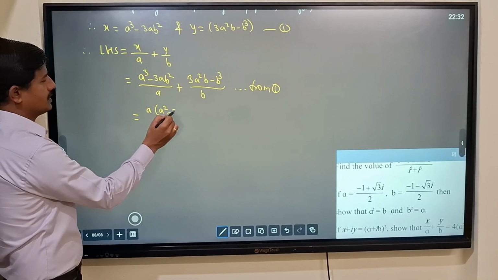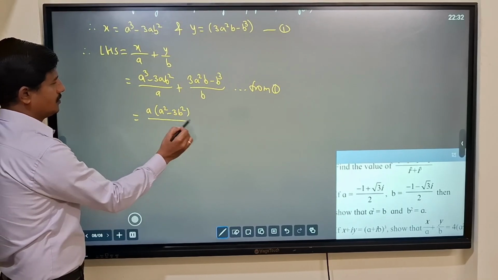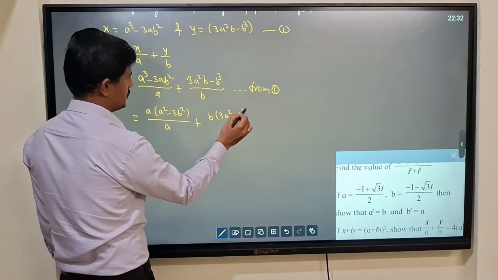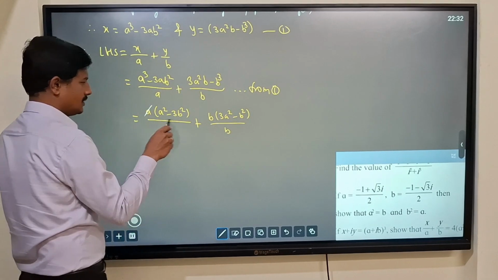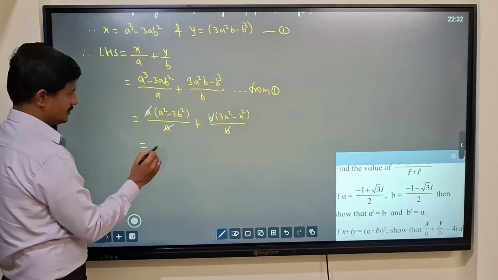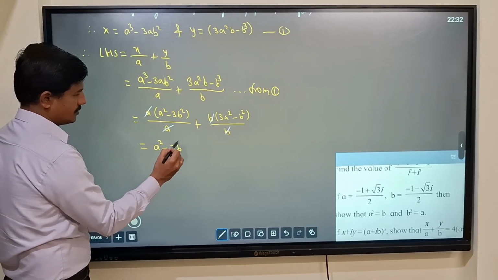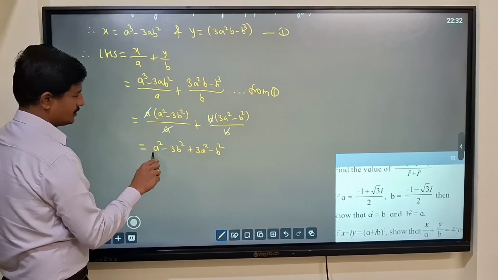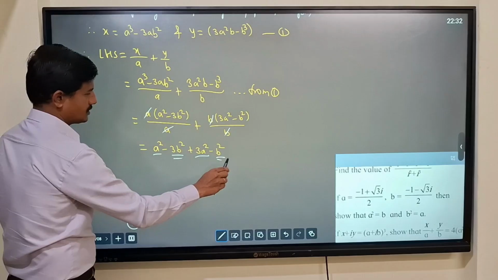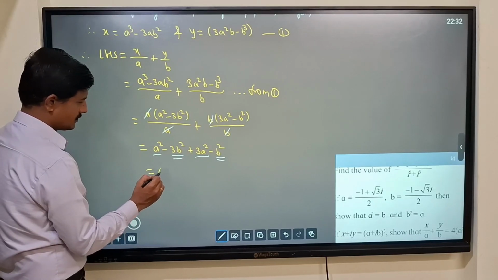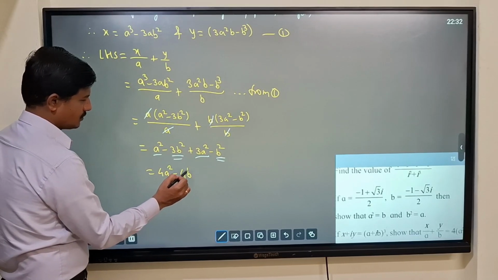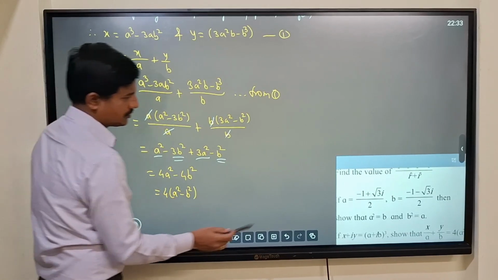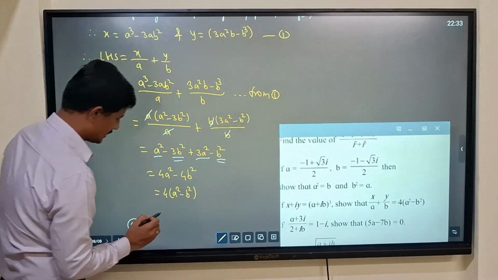Here remains a square minus 3b square, and take b common, 3a square minus b square. This b gets cancelled. Remains a square minus 3b square plus 3a square minus b square. This a square and these terms get added. a square plus 3a square is 4a square minus 4b square. 4 is common, a square minus b square, and that is our RHS.